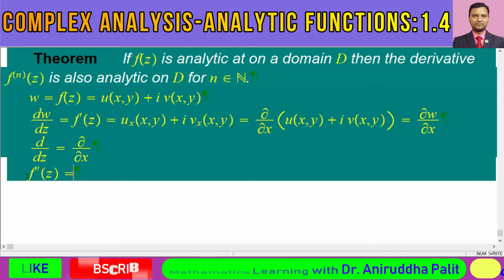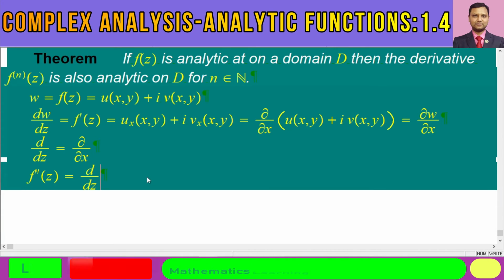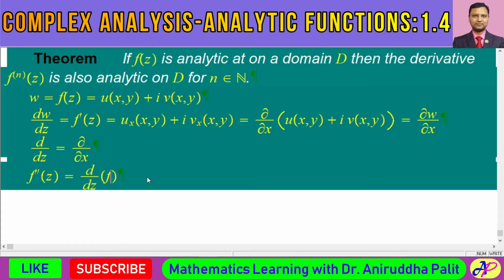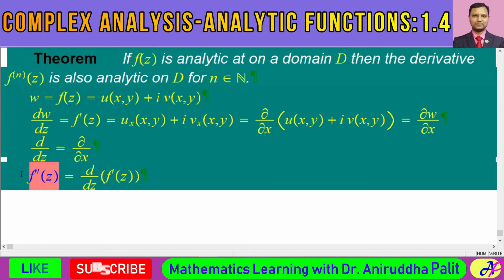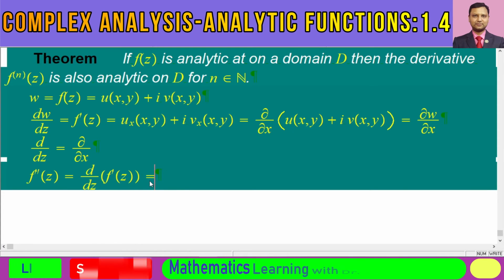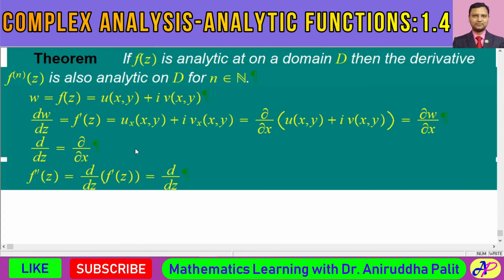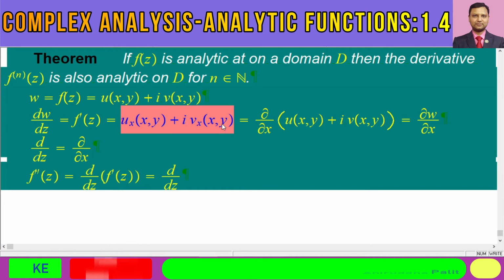So f dash z is u x plus i v x. The second order derivative f double dash z is equal to d dz of f dash z, and f dash z is equal to this expression.